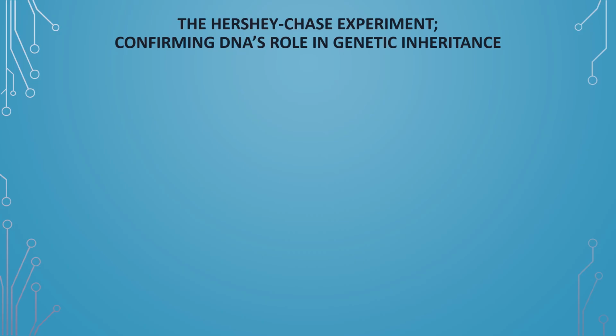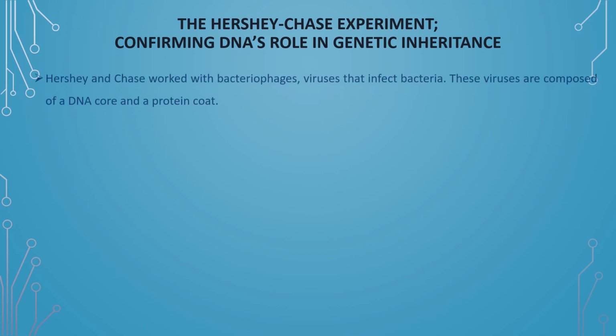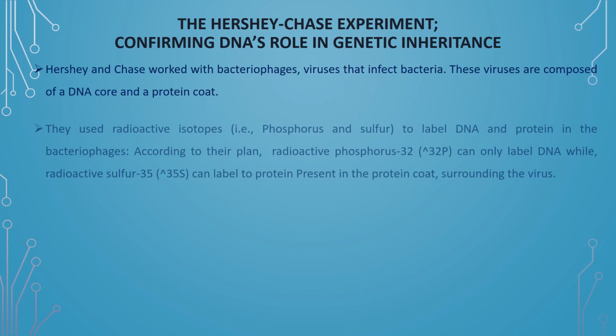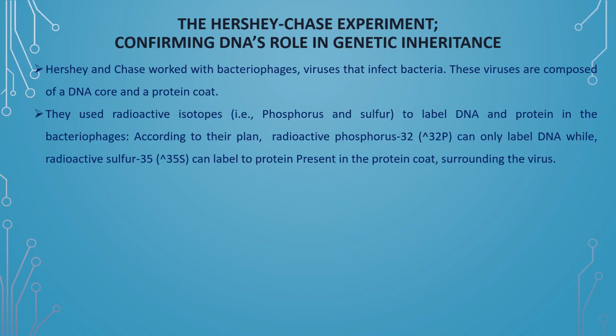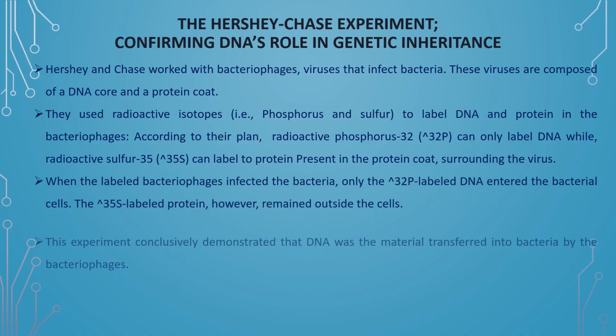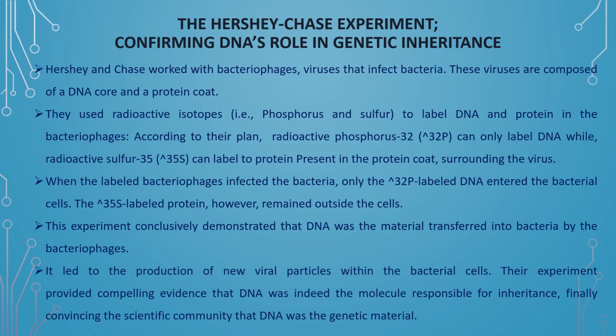But the concluding evidence that DNA is a genetic material came from the blender experiment, rather the Hershey-Chase experiment. So Hershey and Chase worked with bacteriophages. Bacteriophages are viruses that infect bacteria. Structurally, these viruses are made up of a DNA core and a protein coat.